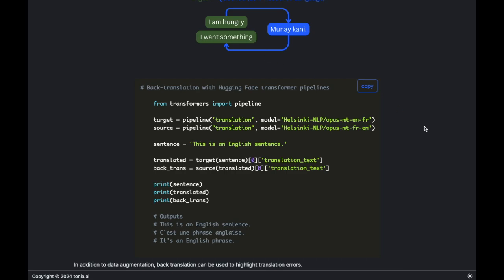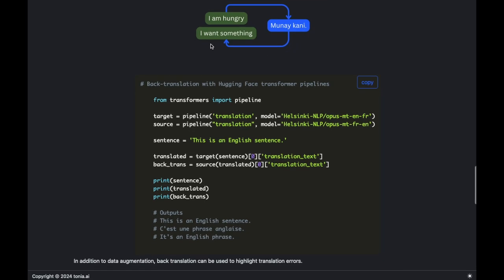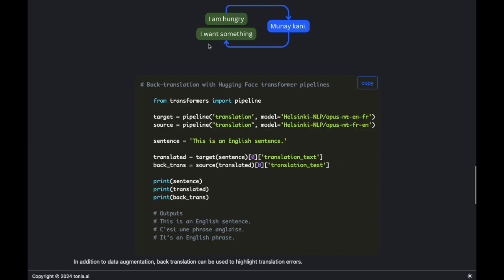So for example, if I was trying to improve the accuracy of my model that did the first translation, I would do the back translation with a model that I knew to be accurate, and that would help me determine where my model is in need of improvement.